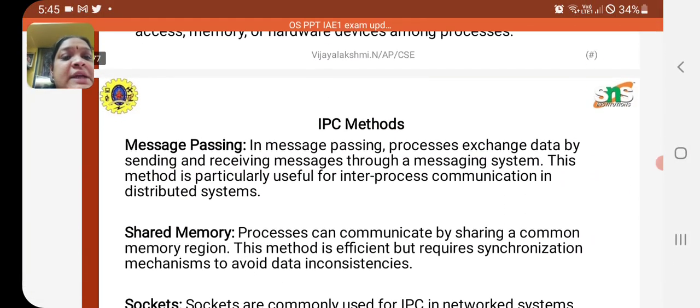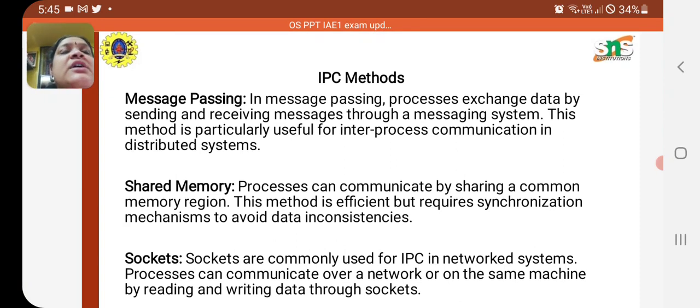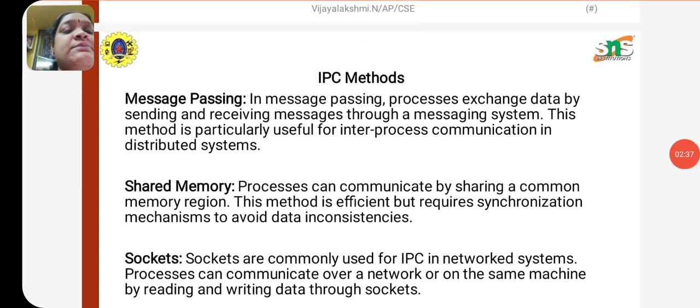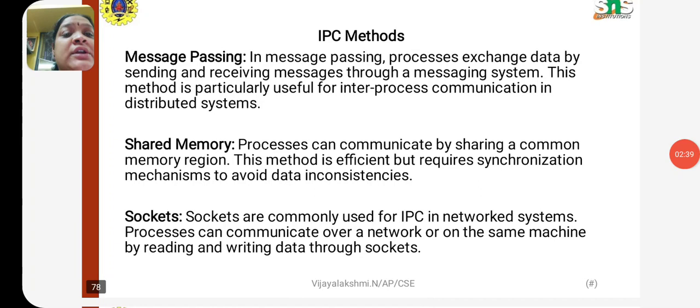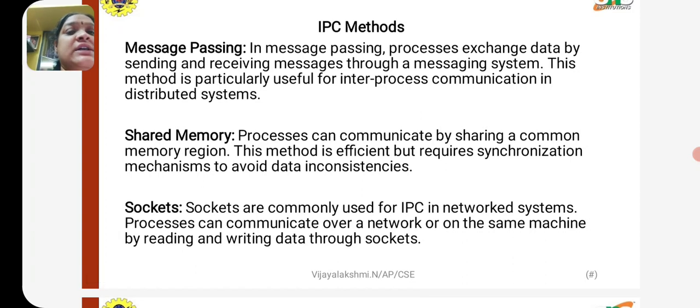Next is IPC methods. We have two models: one is message passing and the other is shared memory. In message passing, processes exchange data by sending and receiving messages through a messaging system. This method is particularly useful for IPC in distributed systems.